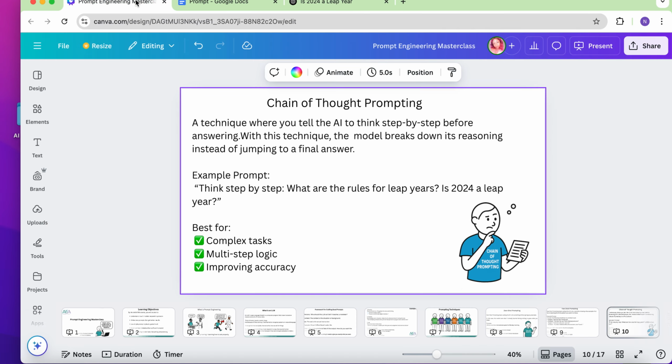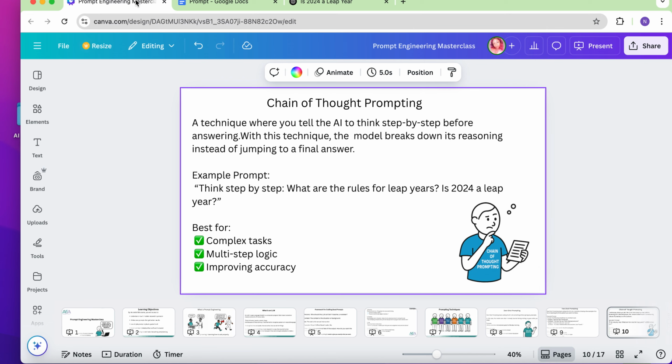It's best for complex tasks, right? Complex problems, multi-step reasoning, or situations where accuracy matters. Because sometimes these models can hallucinate. Where accuracy matters, you are basically telling the AI, don't just give me the answer, walk me through your thinking.